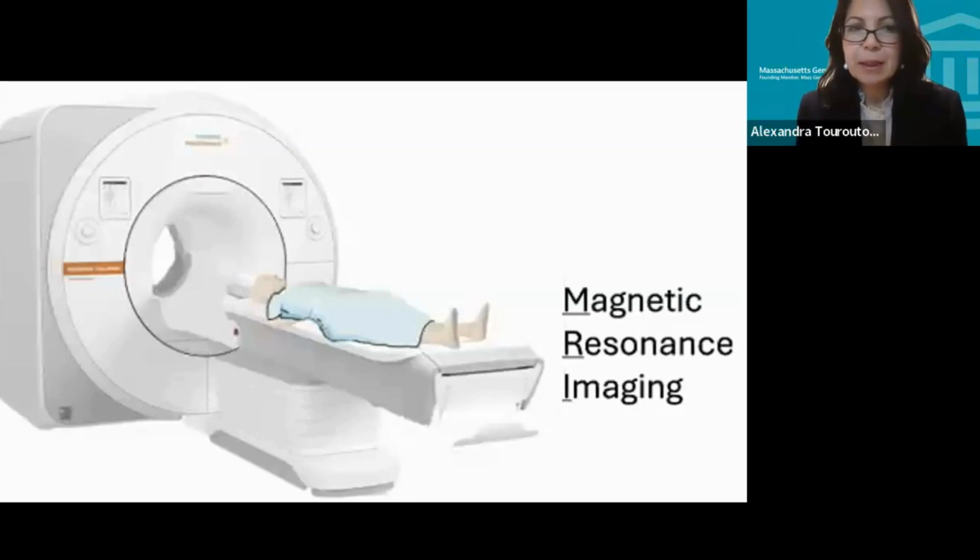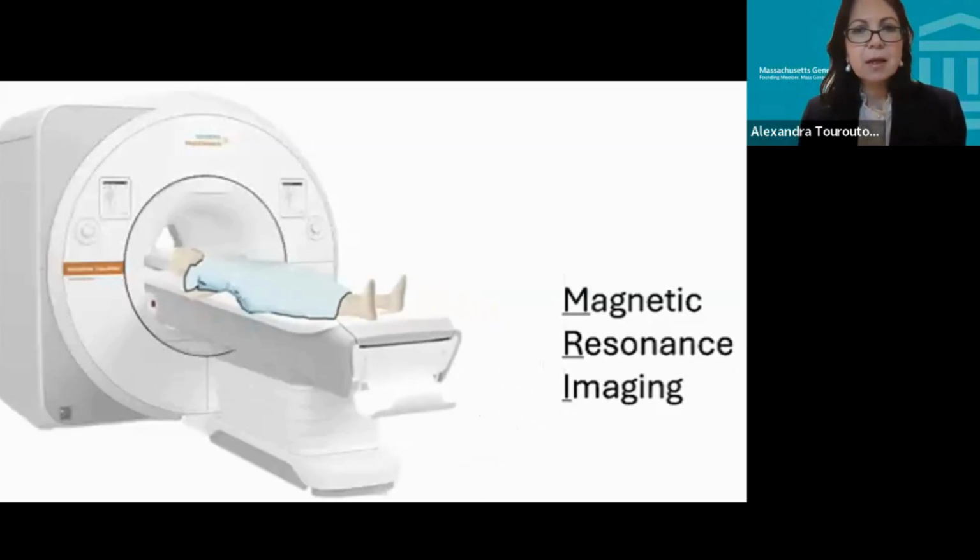When you get an MRI, you often change into a hospital gown, and then you lay flat on a table just like this. This is a Siemens MRI machine that we also have in research. And then you're basically slid into the center of this kind of donut hole.